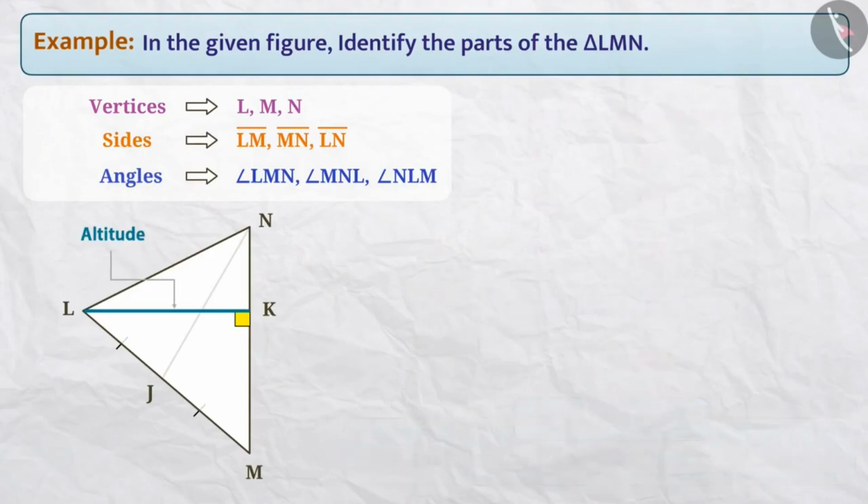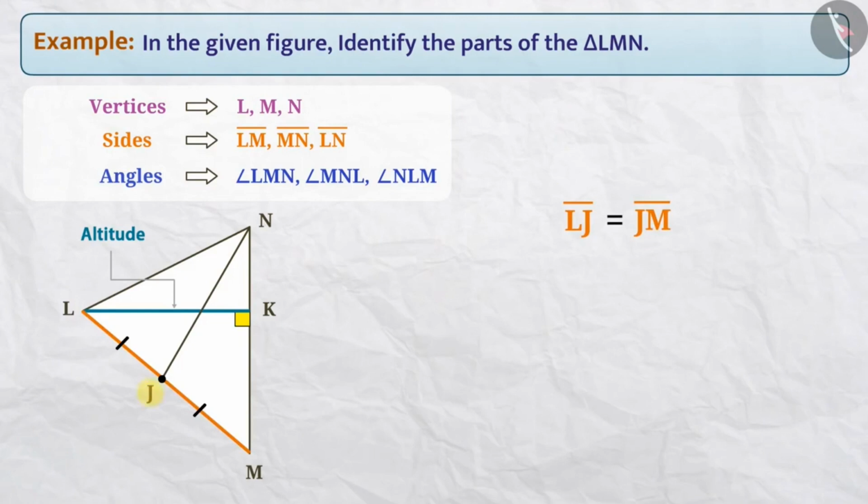Similarly, we can see that the line segment NJ intersects the side LM at point J. If we look at line segment LJ and line segment JM, both are marked with the same symbol. Can you tell me what they mean? Think about it. Absolutely correct. Here these signs tell us that the length of line segment LJ is equal to the length of line segment JM.